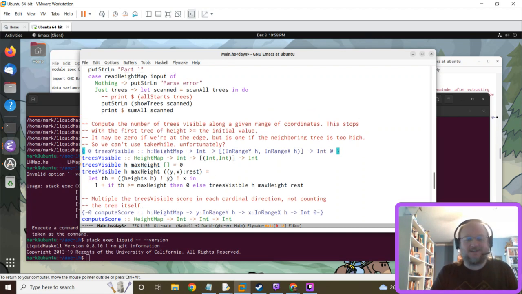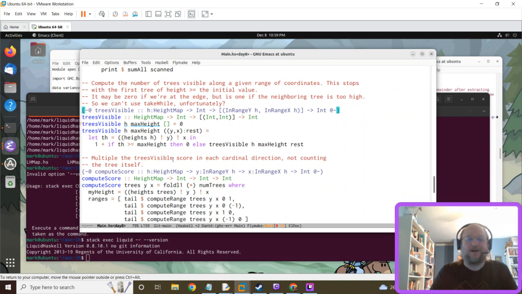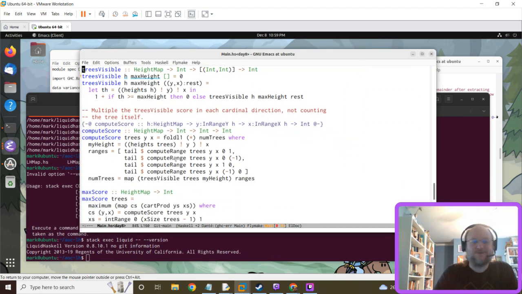This one I did end up writing as a recursive version, because I looked at doing takeWhile, but takeWhile drops the first one that the condition is false on, and we actually want to include that tree in part 2.